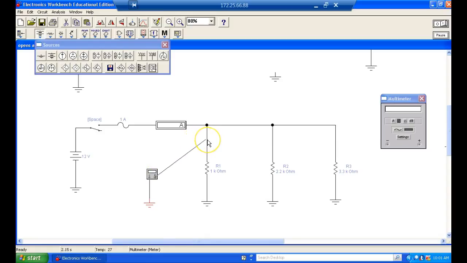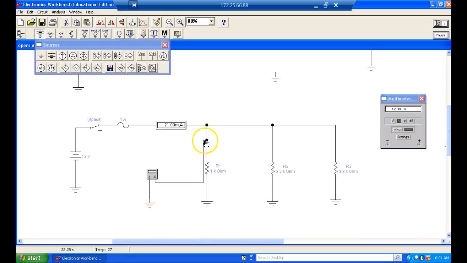We could hook up to any one of these, and I'm going to turn the power on. And of course, it's measuring 0 volts. Why is it measuring 0 volts? Because we created an open circuit, right? When I close this, my meter goes up to 12 volts across that load.